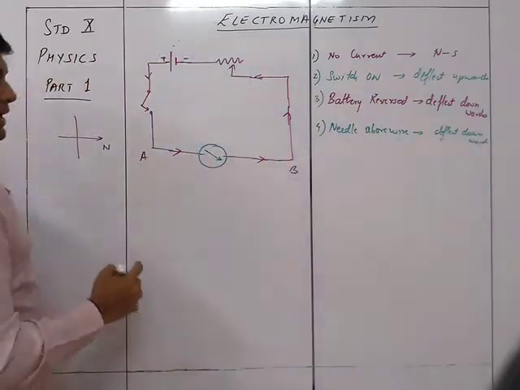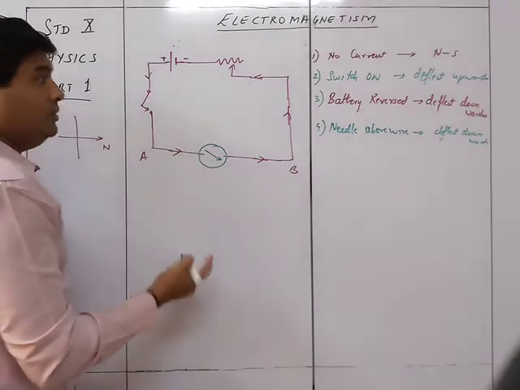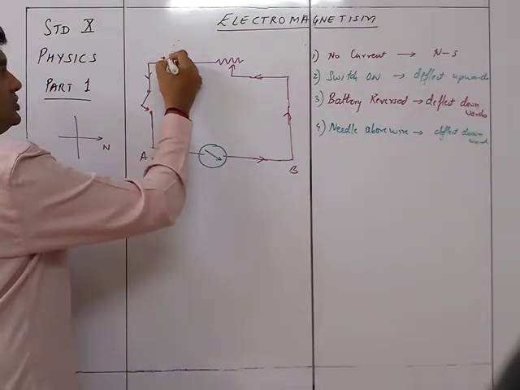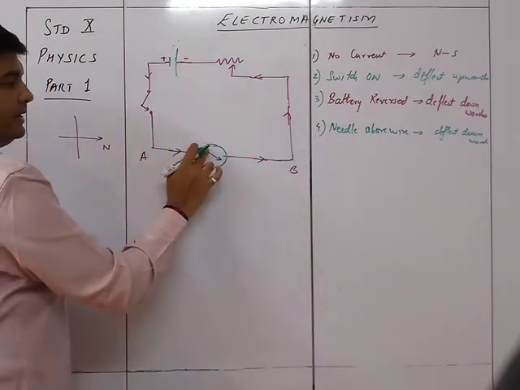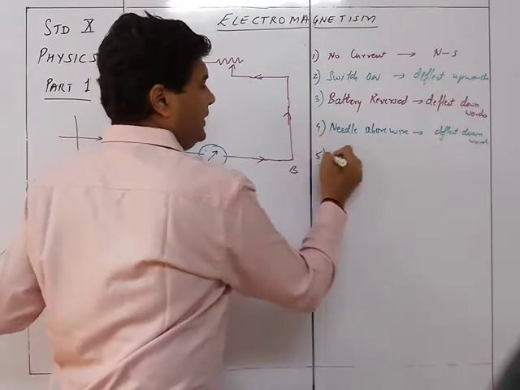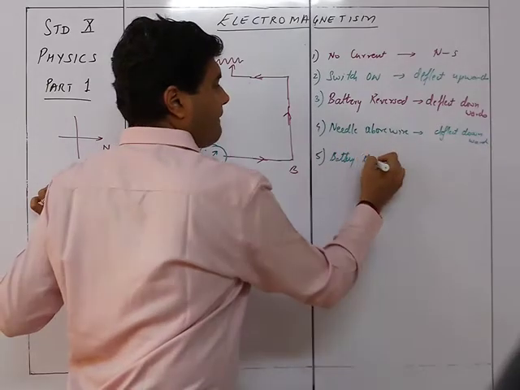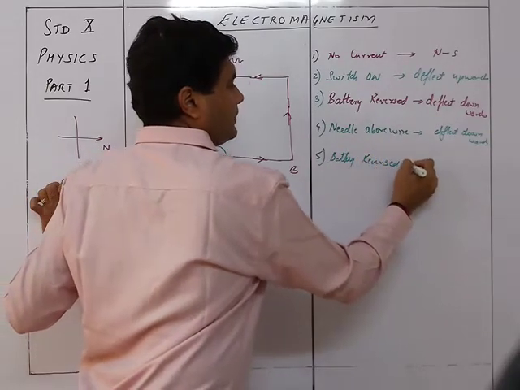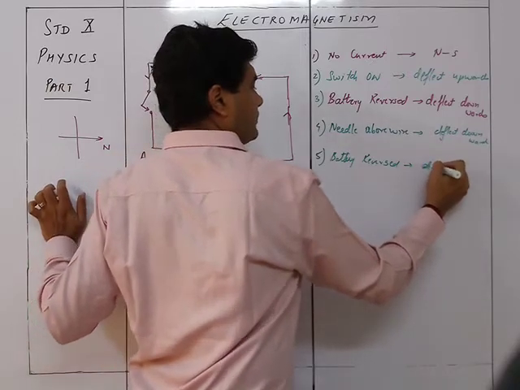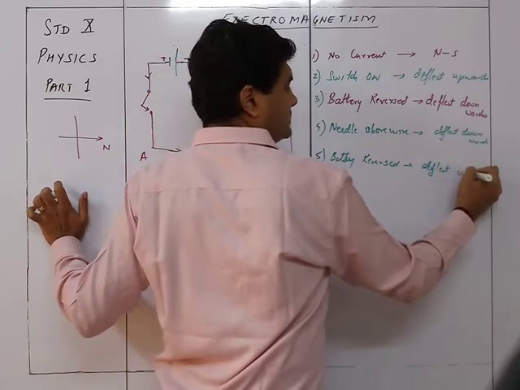And if I change the battery connections now, so if I change the battery connections to be like this, then the deflection is going to be upwards. So again, the last one will be battery reverse. The deflection will be upwards.